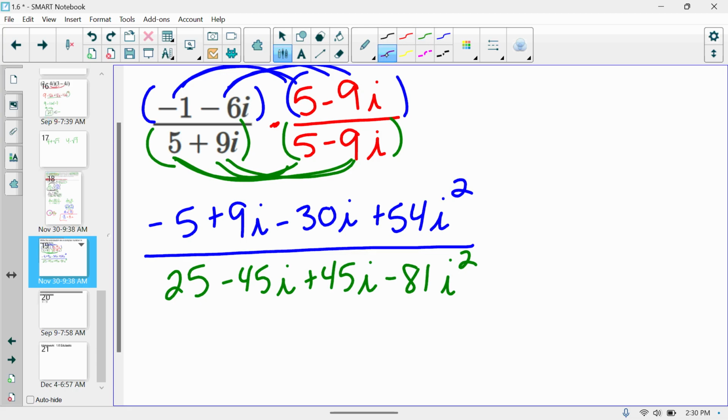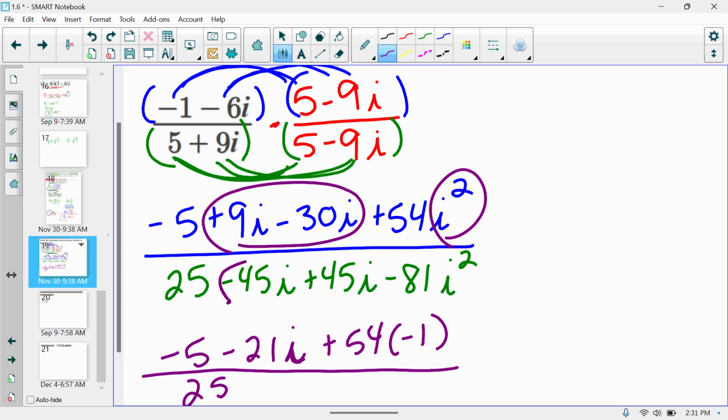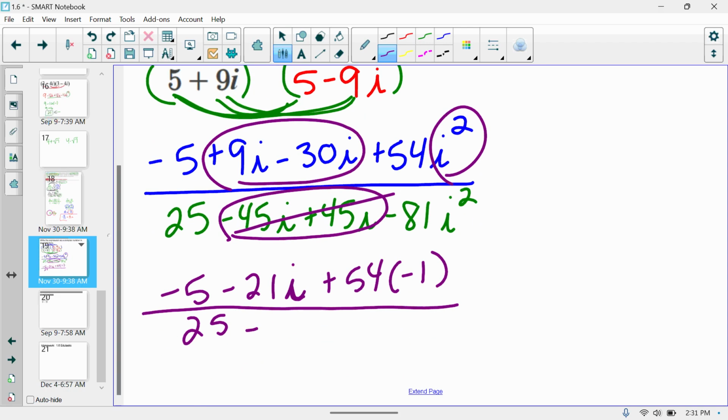Okay, so then, again, let's simplify a little bit. We can combine these. 9 minus 30 is negative 21i. And then I can rewrite i squared, make it negative 1 every time. Down in the denominator, rewrite your 25. Negative 45 plus 45 is 0. There's no more i's. We write minus 81. Again, i squared is negative 1.